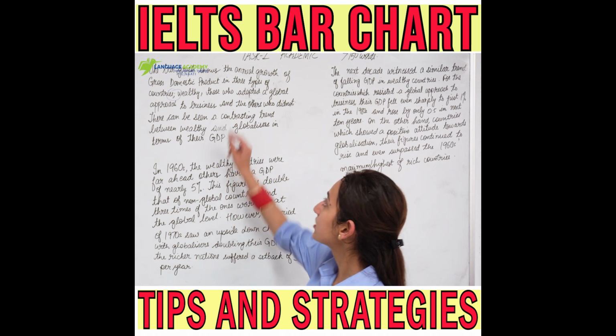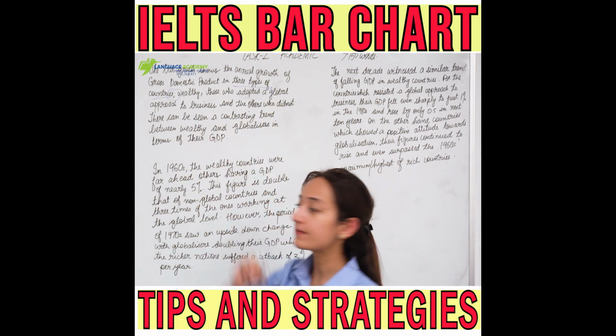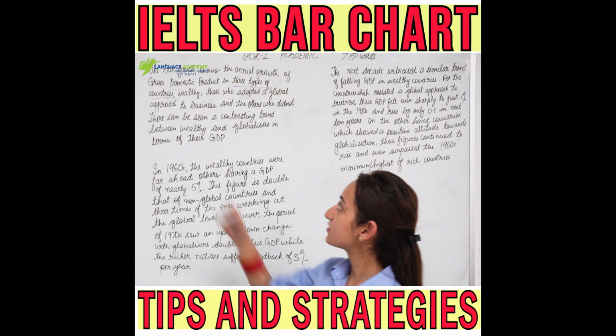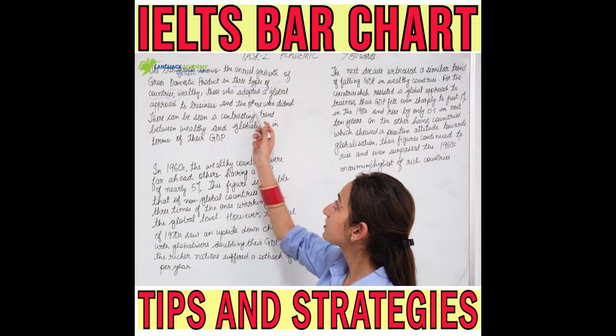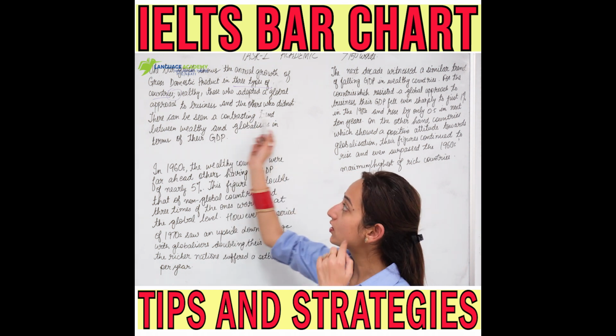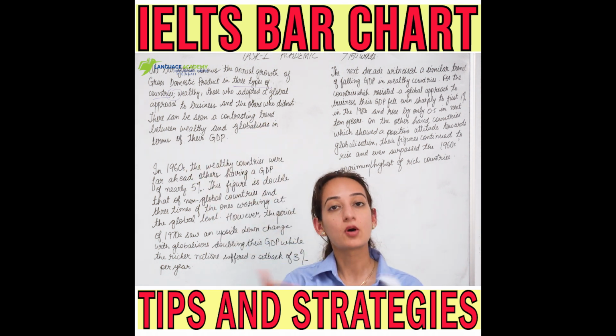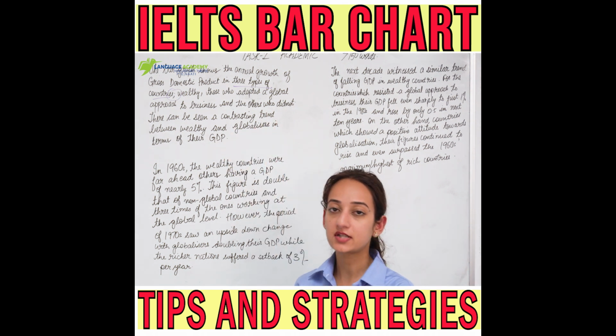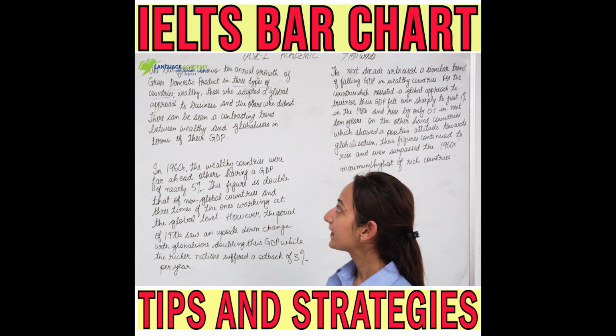So we have written 3 types of countries, semicolon, and then we write which 3 types they are. First is wealthy, comma, those who adopted a global approach to business, and the others who did not. And there is the third category who did not do the same.